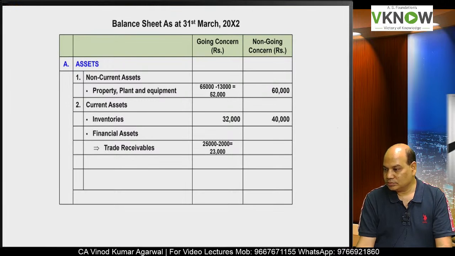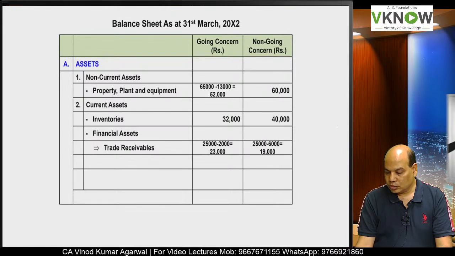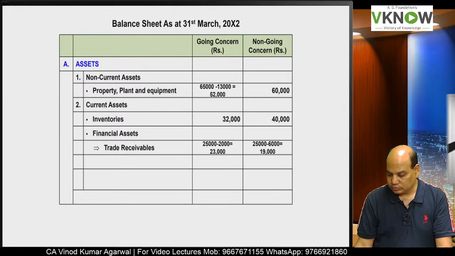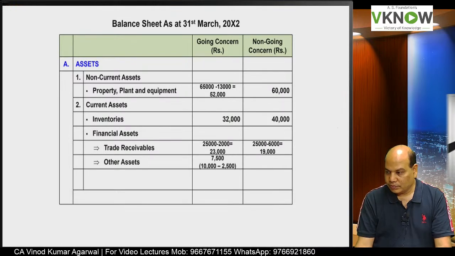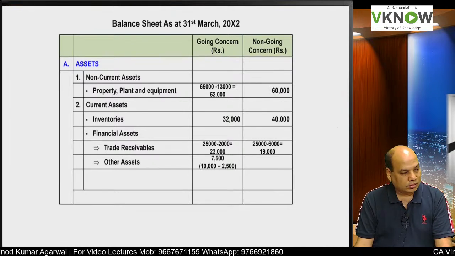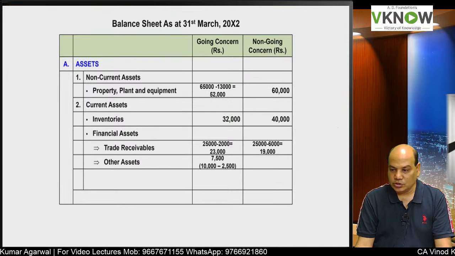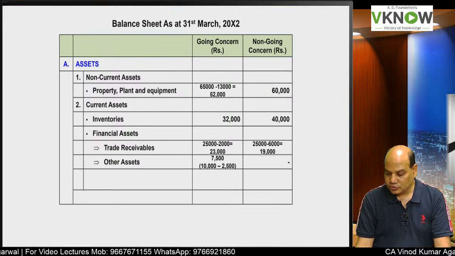Next column, 25,000 minus 6,000. 19,000. Other assets. Going concern, 10,000 minus 2,500, 7,500. Non-going concern, 0.